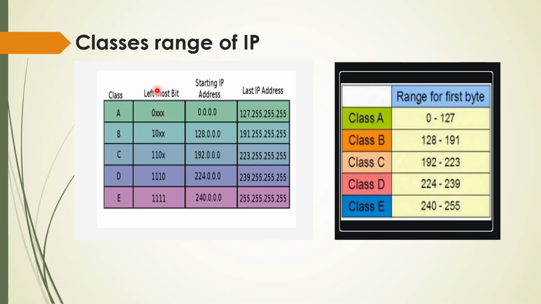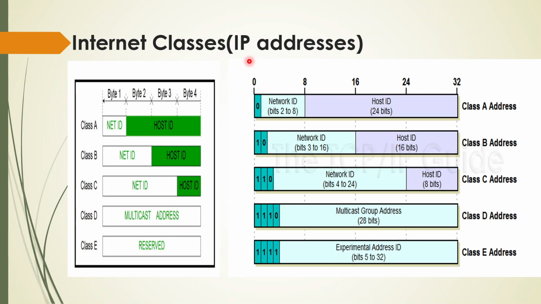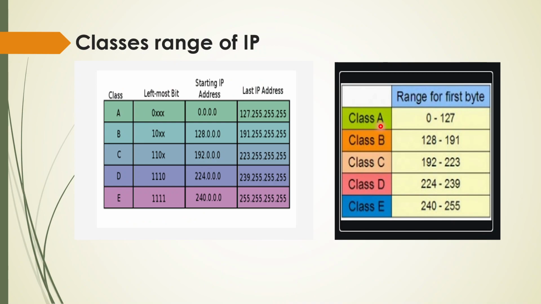Remember the leftmost bits 0, 10, 110, 1110 and 1111 according to this diagram. And the ranges: class A 0 to 127, class B 128 to 191, class C 192 to 223, class D 224 to 239 and class E 240 to 255. So remember this.